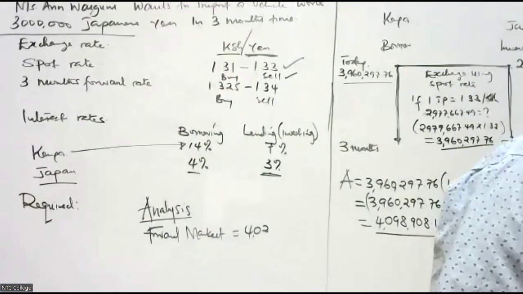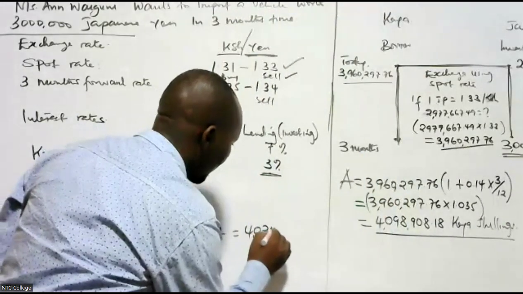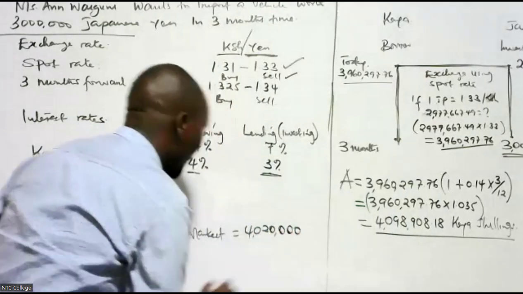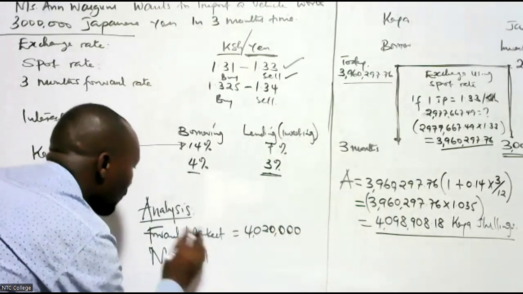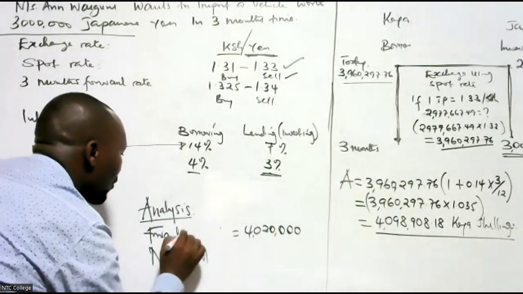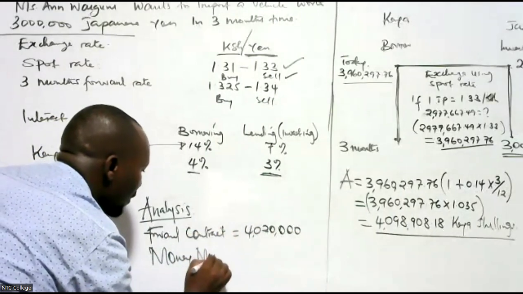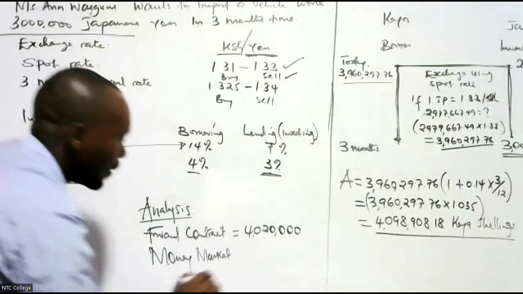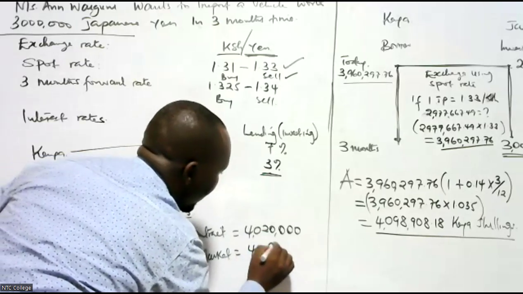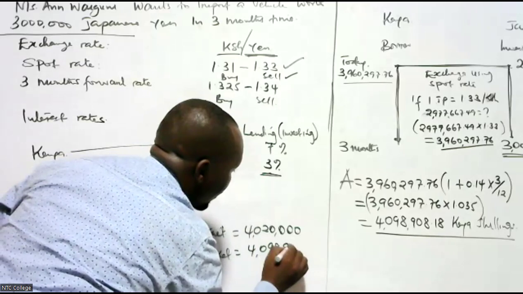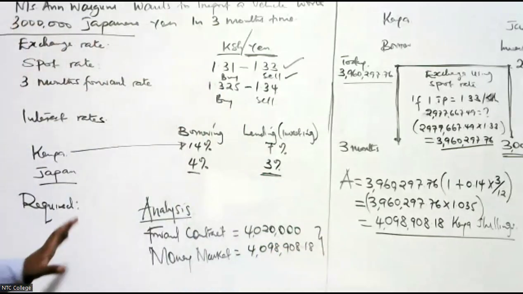Go to the pattern for 0.20. Then money market, forward contract actually, sio forward market, forward contract. Money market is 4,098,908.18.